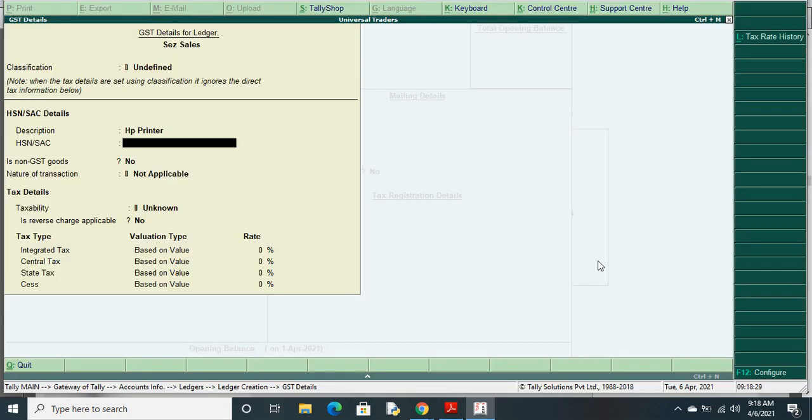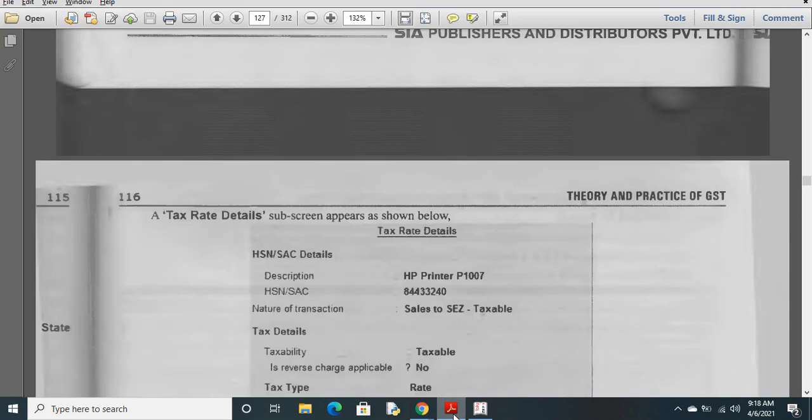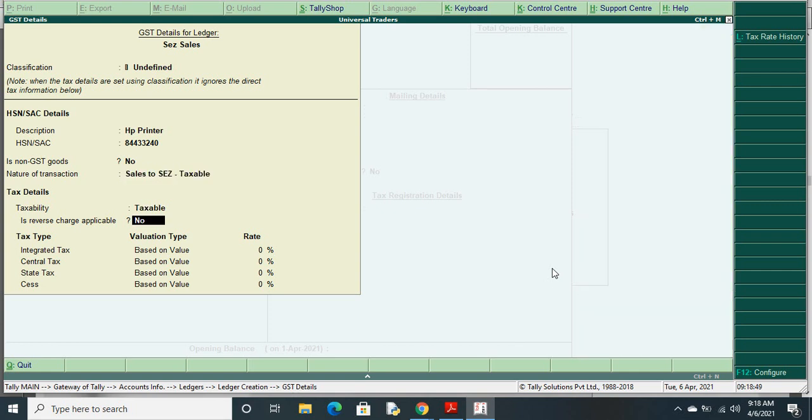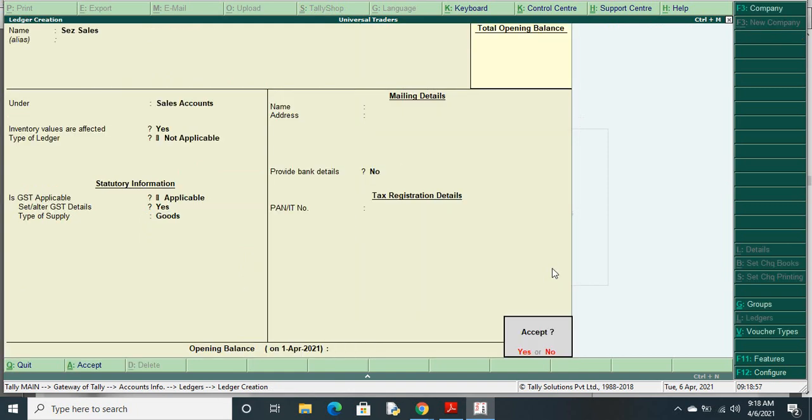Nature of transaction: here you have to select SEZ taxable, sales to SEZ. SEZ taxable 18%. It is goods. Done.